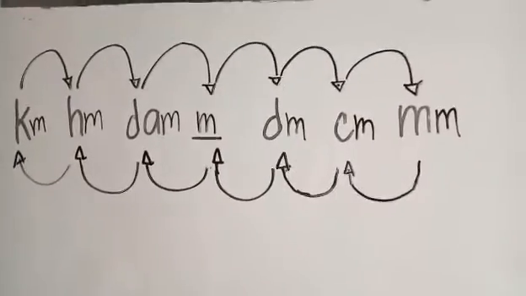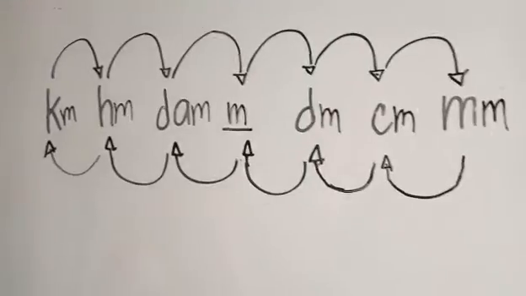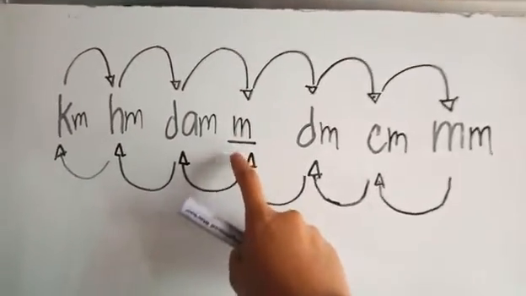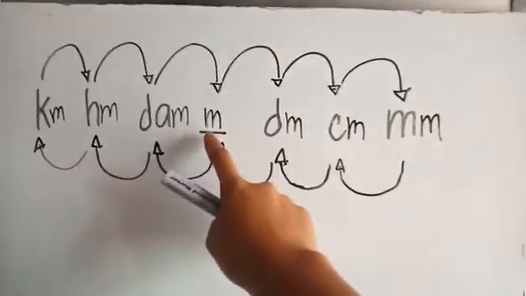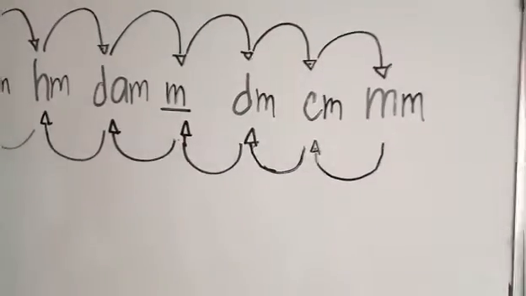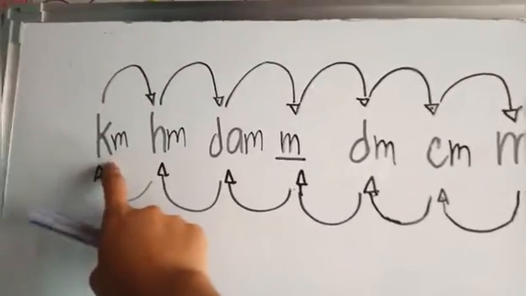How about when we talk about mass or weight? When it is weight, we use grams. So, gram is in the middle, then it becomes kilogram, hectogram, decagram, then gram, decigram, centigram, and milligram. So, that's how it is.